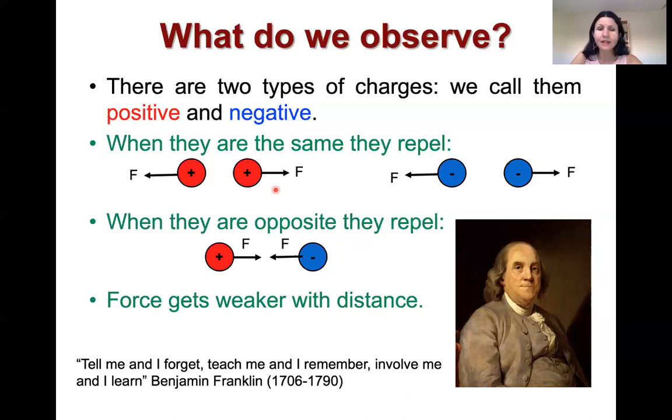Another thing that you observe is that not only do they repel or attract, but it also matters how close the two objects are to each other. The closer you bring them together, the stronger the force. The farther apart they are, the weaker the force becomes.